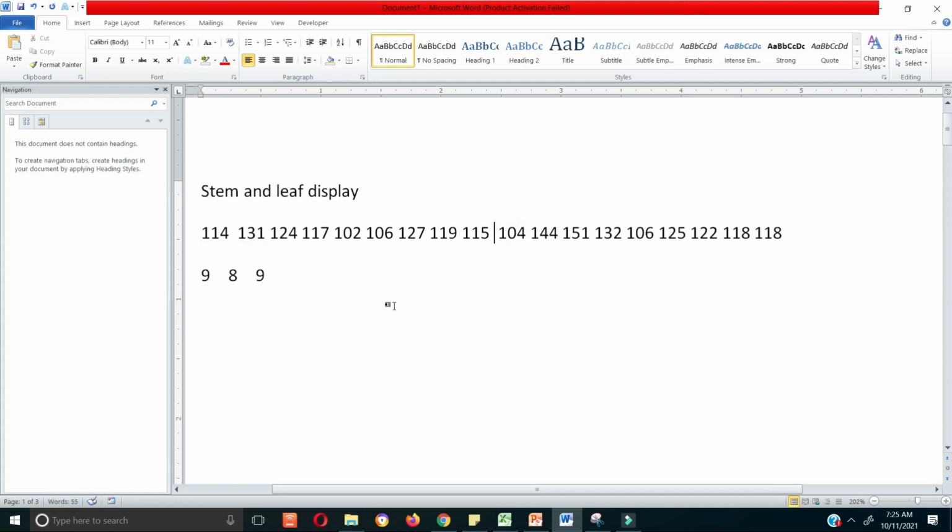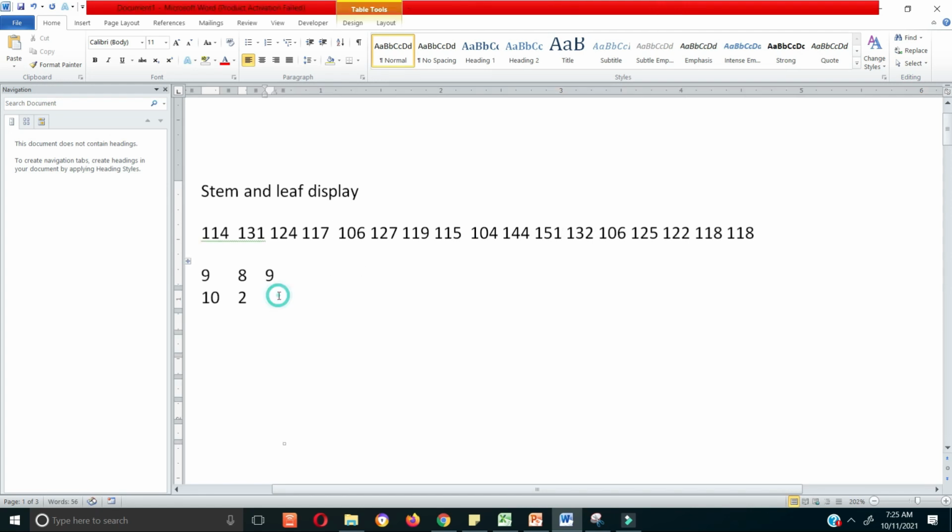So those are the 90s. Then we have a 100, then we have a 102. Let's get rid of the 102. We have a 104. Let's get rid of the 104 so we don't reuse it. We have a 106 here.